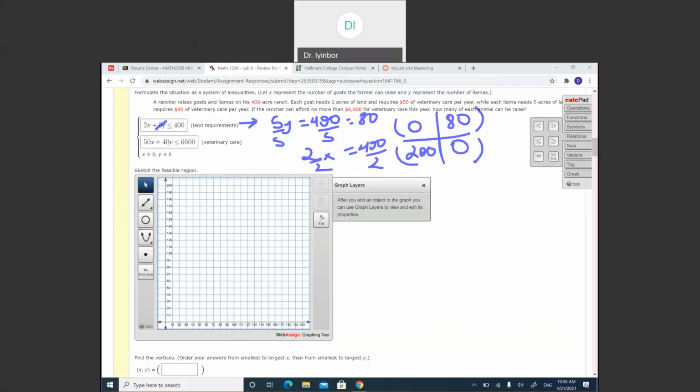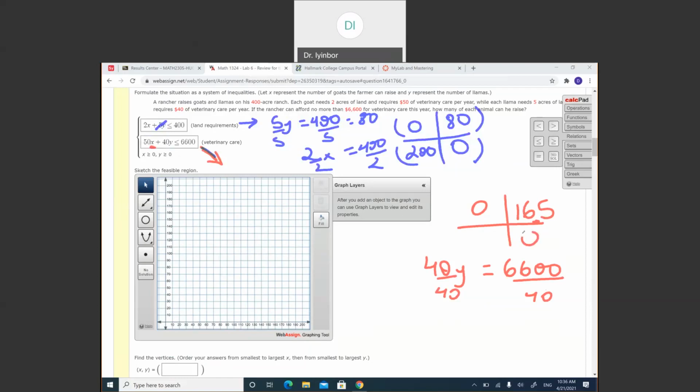Then after that, I'm going to grab the second line. Again, I'm going to pick 0 for x. When I replace x with 0 here, I'm going to get 40y equals 6600. Then divide by 40. So that will be 165.